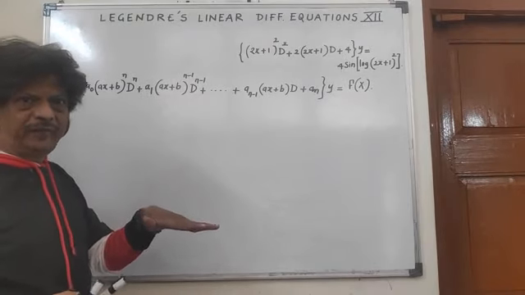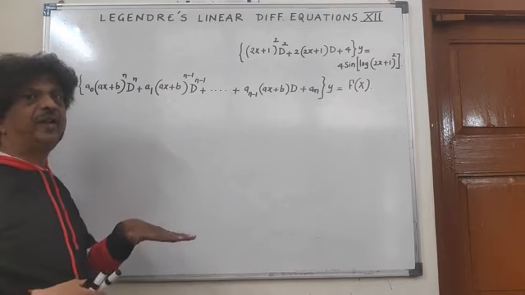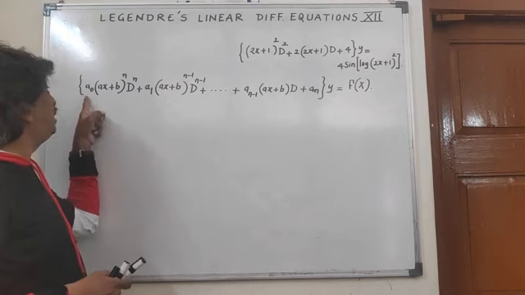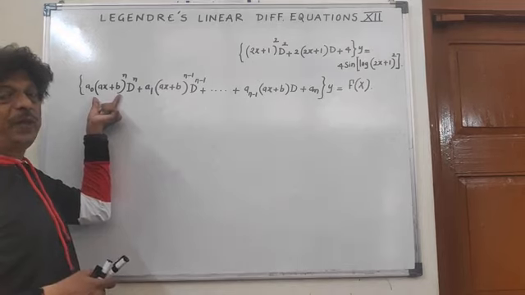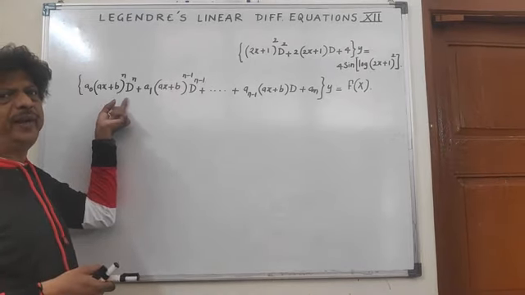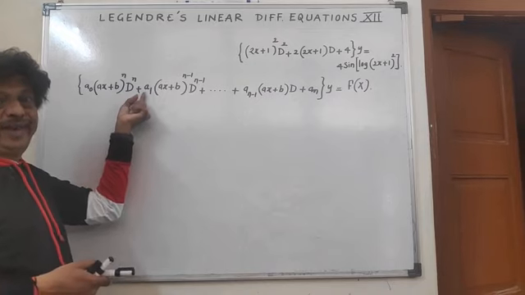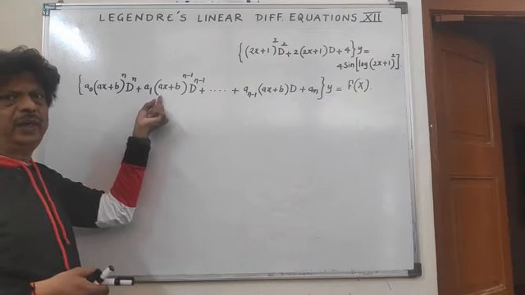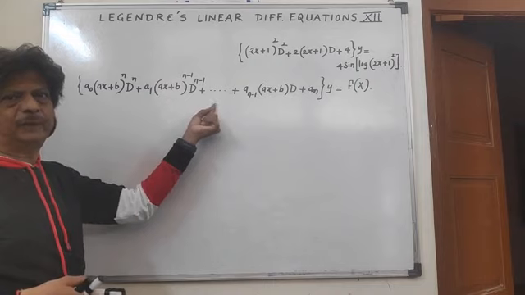What was Cauchy's linear differential equation? Cauchy's linear differential equation was a0 x^n D^n + a1 x^(n-1) D^(n-1) and likewise.